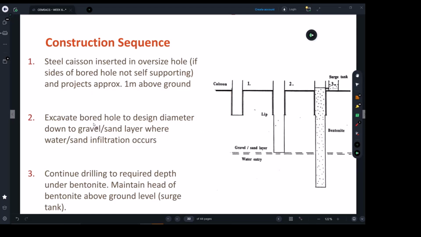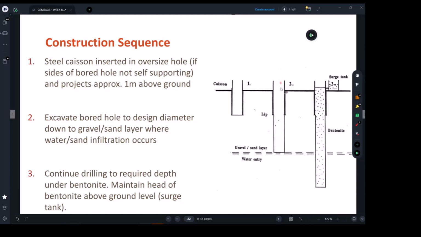Number 2, they start excavating the hole to the design diameter, whether it's 600 or 900, and they're going to go through the gravel and sand layer where water infiltration occurs. So here you go with the normal, conventional excavation process. You're not pouring any concrete here.